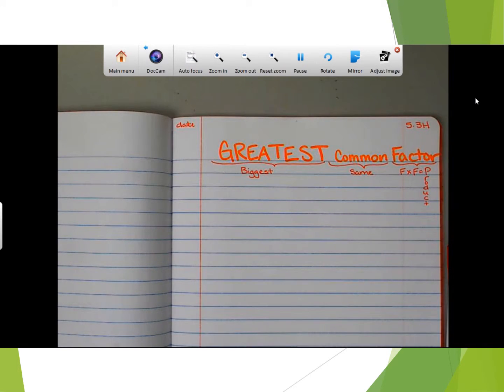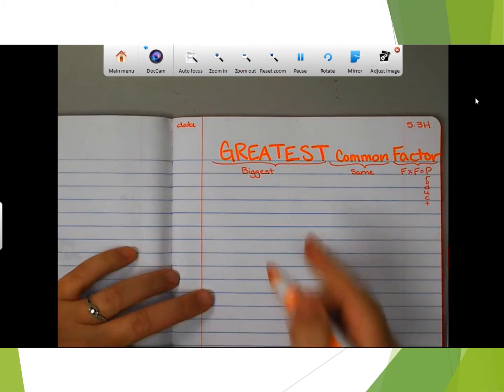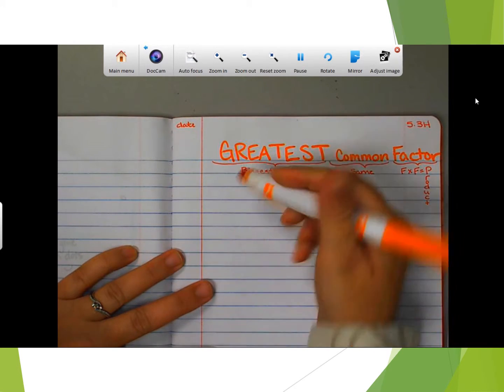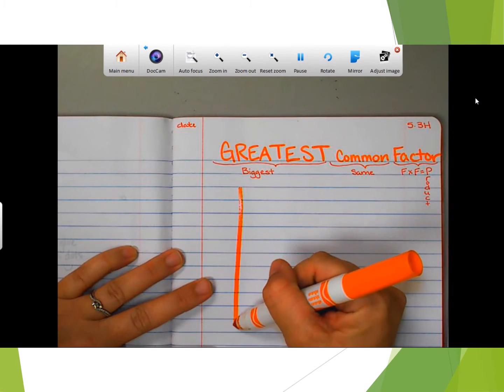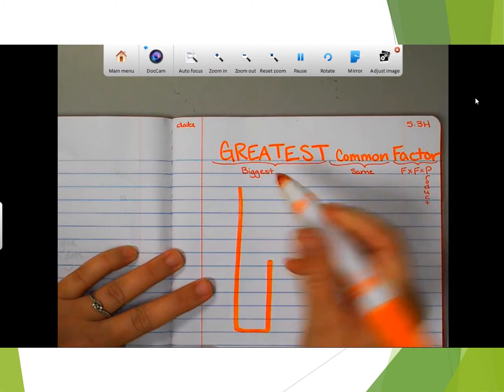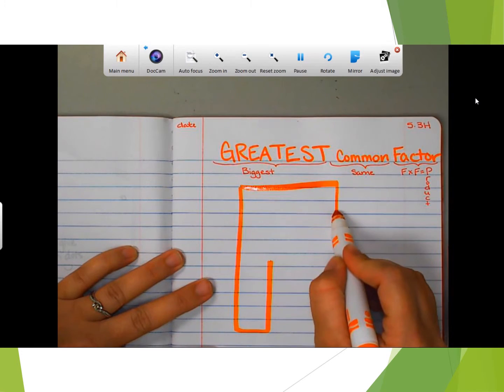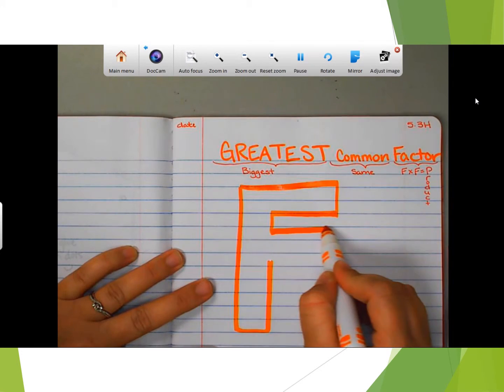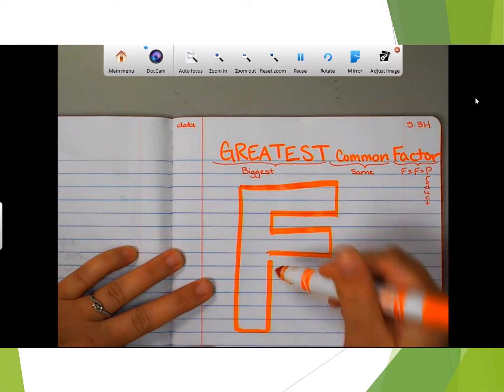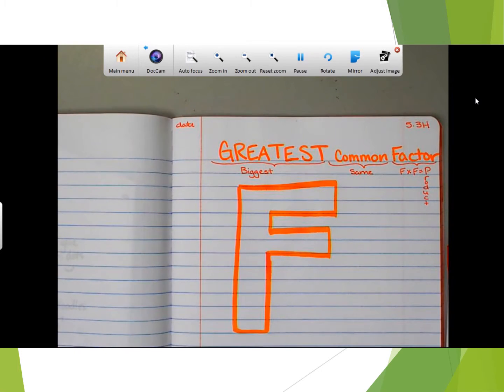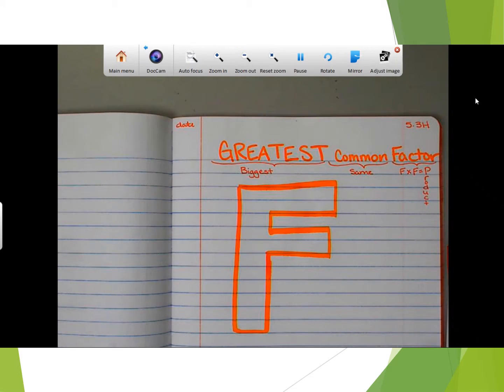Okay, on the top half of your paper, you're going to draw a big F with your orange marker. I picked a light color so that if it bleeds through or if you mess up a little bit, it's not overpowering and taking over your whole notebook.